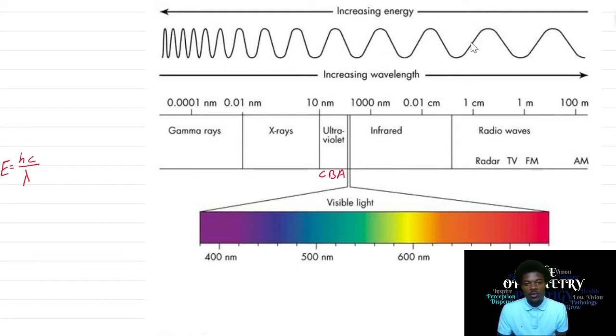An important thing to note here as well is that as the wavelength decreases and energy increases, in terms of our health, this side of the spectrum actually causes what we call forms of cancer: skin cancer, basal cell carcinoma, and other forms of skin cancers.